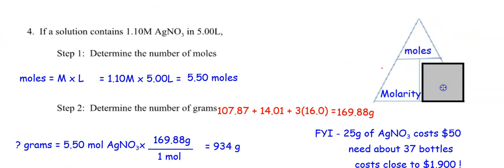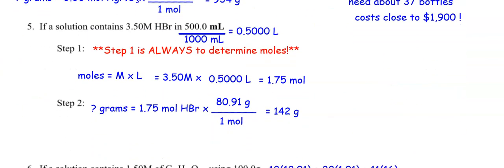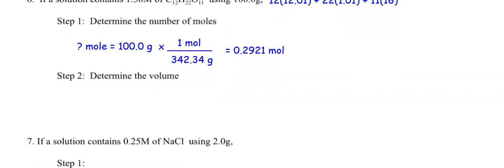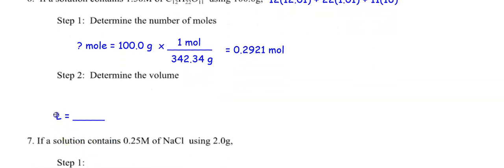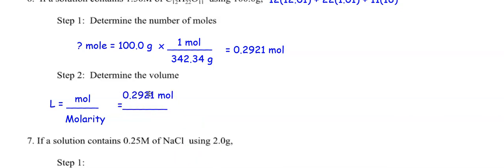What's volume equal to? What's liters equal to? Moles divided by molarity. So liters is equal to moles divided by molarity, which is equal to 0.2921 moles, which I got from up here from my 100 grams.